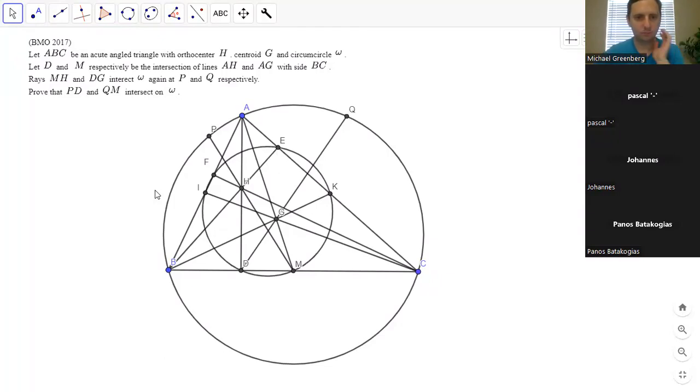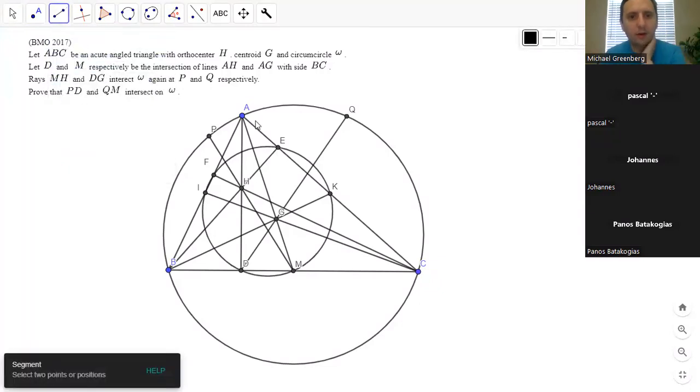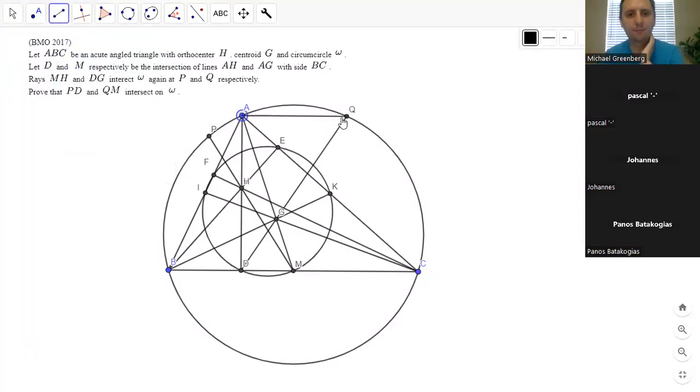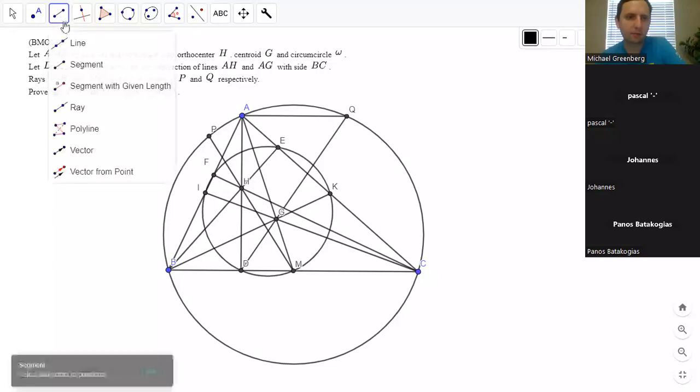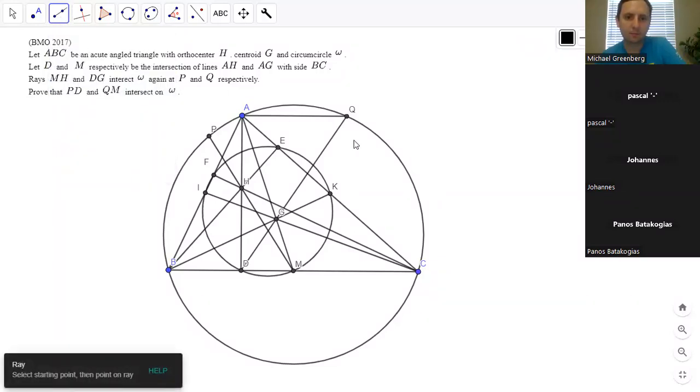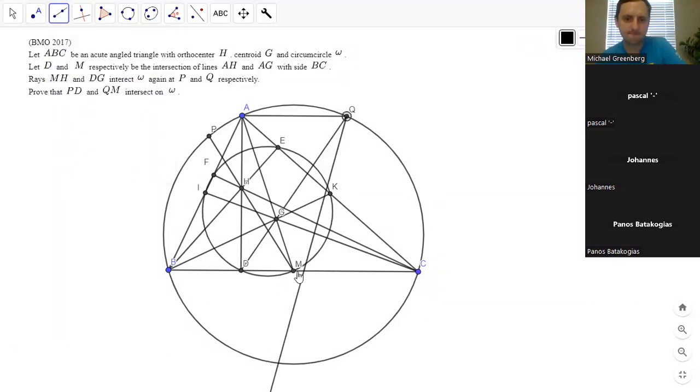That doesn't look too hard to prove, but I haven't really looked at it. And also, we want to show that the intersection point is on the symmedian, and for PD I can prove that. If you prove that AQ is parallel to BC, I can finish up the problem for you.